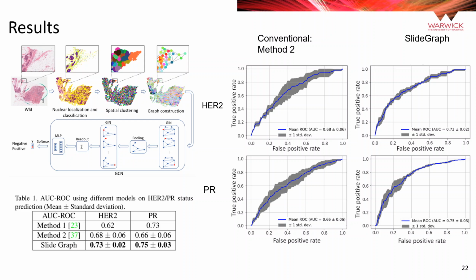We tried SlideGraph, the original version of SlideGraph, on two prediction problems of receptor prediction in breast cancer using a cohort from the TCGA, and we compared it to conventional neural network approaches that extract patches and then try to classify them using classical convolutional neural networks. What we saw is that SlideGraph is able to outperform these conventional methods for both of these problems.